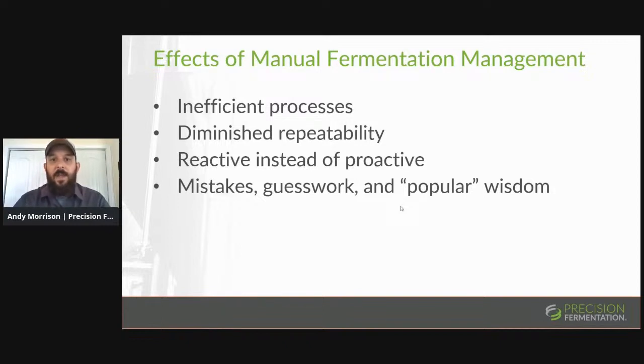I know something's going right, and I'm going to start checking gravities on day 4 just to make sure it's on track, right? And oftentimes we're doing that not out of laziness necessarily, but just because there's tons of other things that you're having to manage, right? There's a full brew schedule, there's personnel, there's purchasing the raw supplies. All of that takes precedence sometimes over checking on and making sure that your fermentations are working the way they need to.